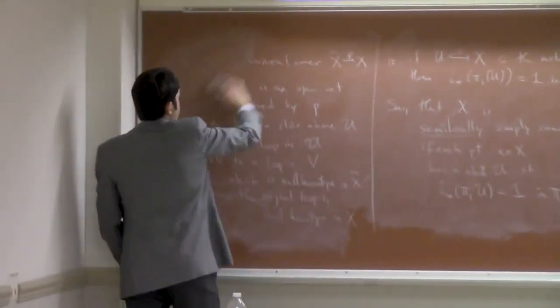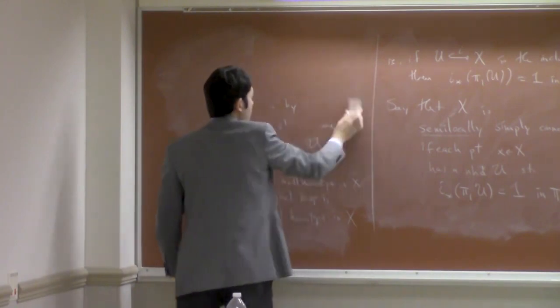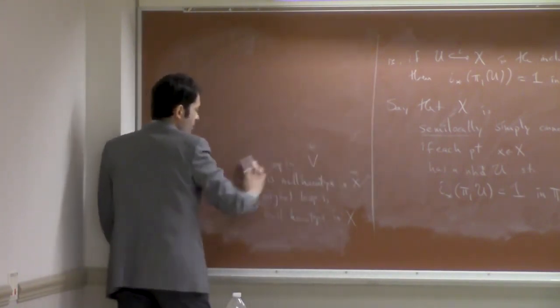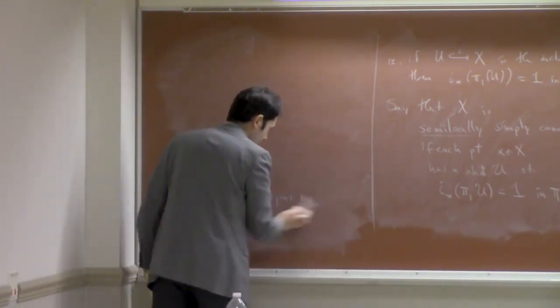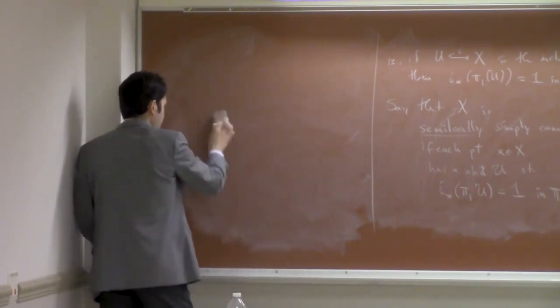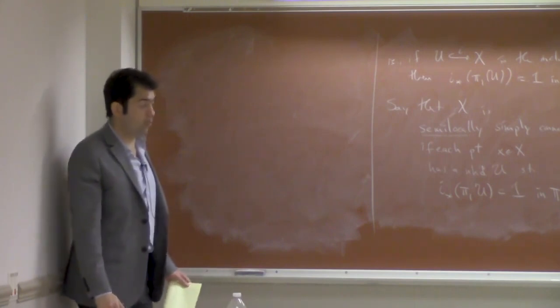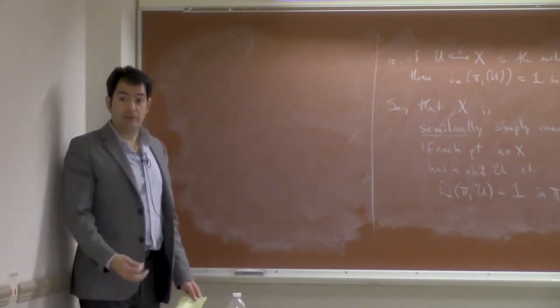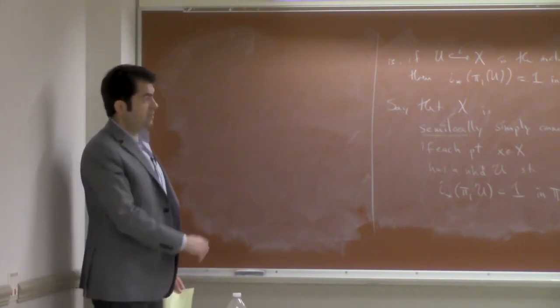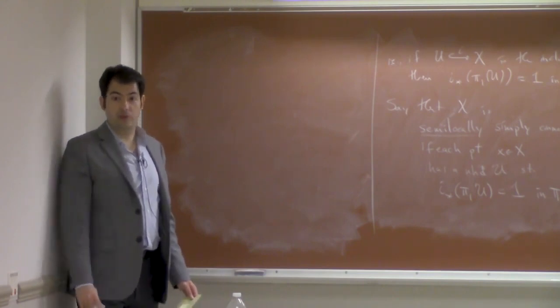Okay, so this necessary condition is enough for spaces that are path connected and locally path connected. Okay, so we're going to prove this by directly constructing the universal cover of X.